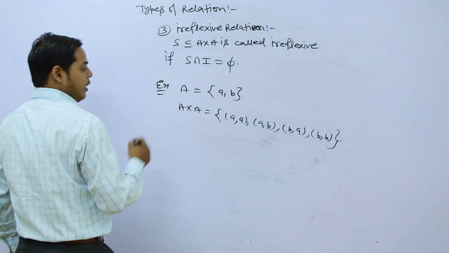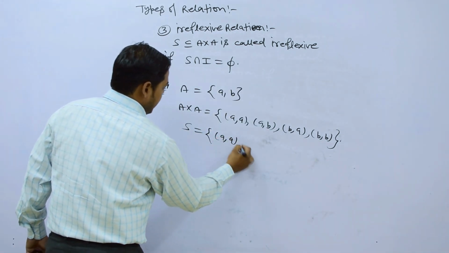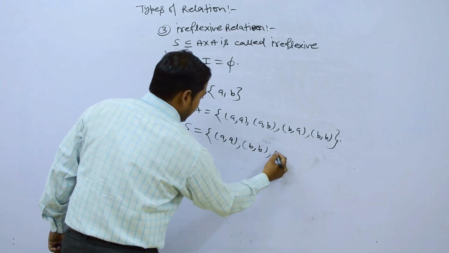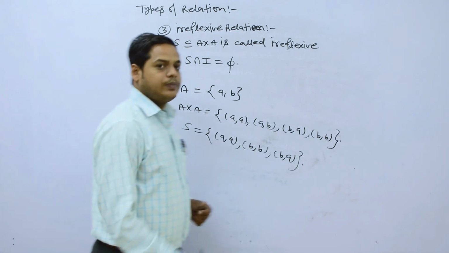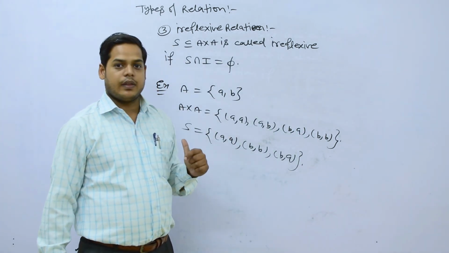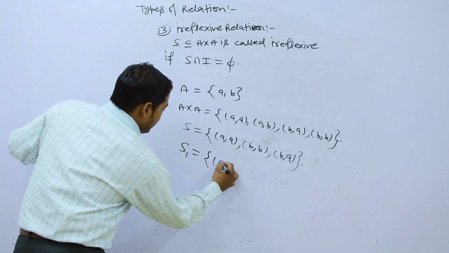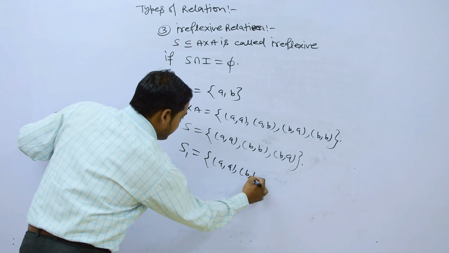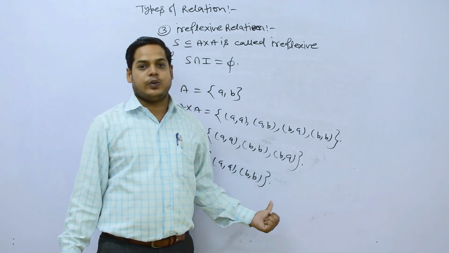If we choose a set S as (a,a), (b,b) and (b,a), then it is reflexive but not identity. But if we choose a relation S1 in which only (a,a) and (b,b) are present, then it is an identity relation as well as a reflexive relation.